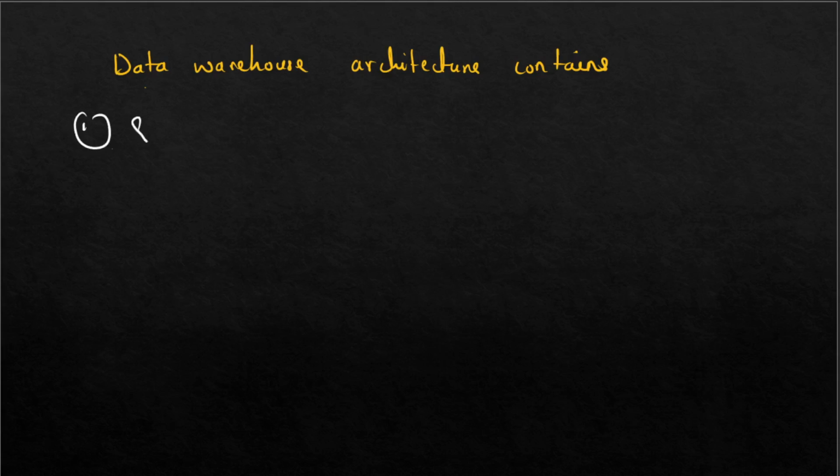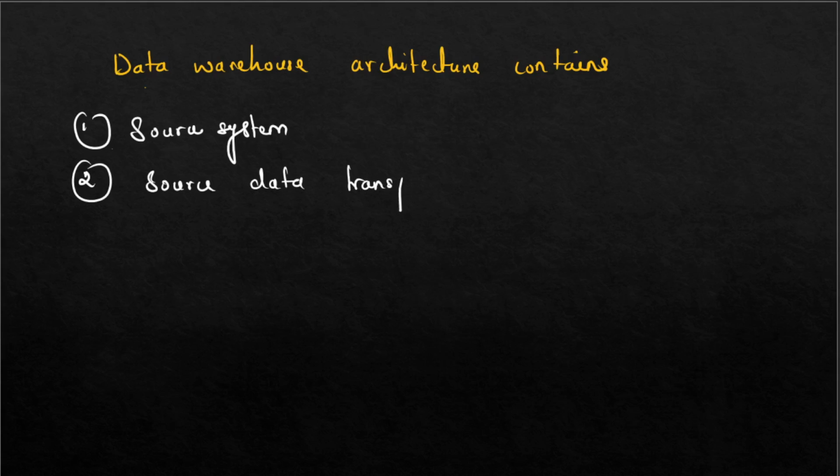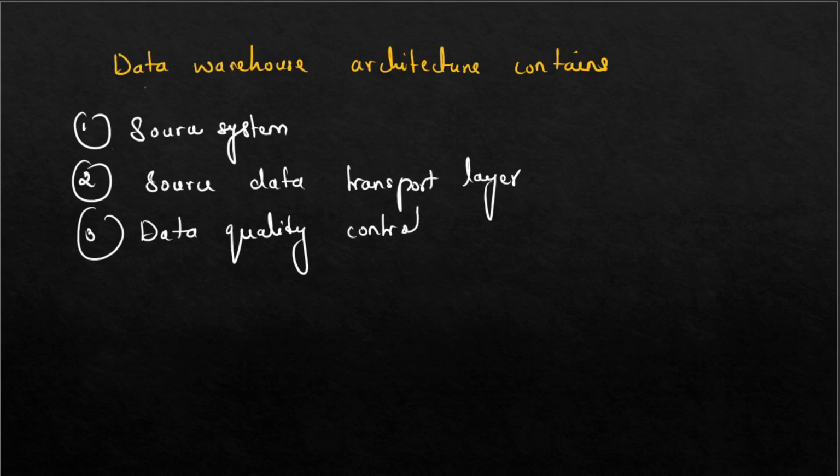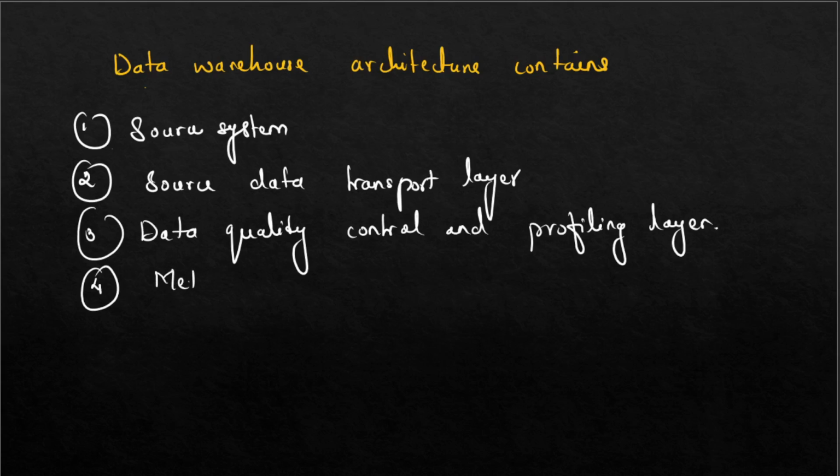First it contains source system, second it contains source data transport layer, third it contains data quality control and profiling layer. Next is metadata management layer.